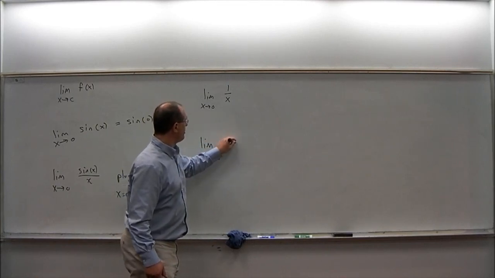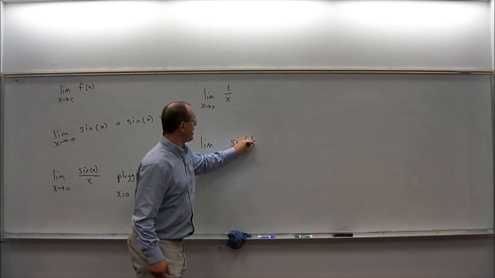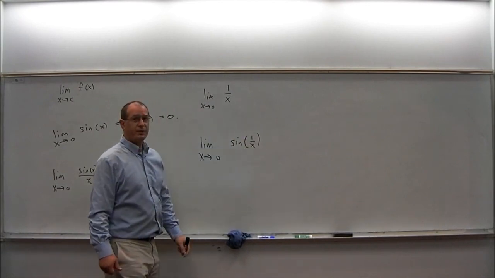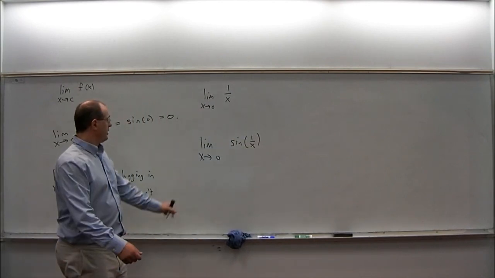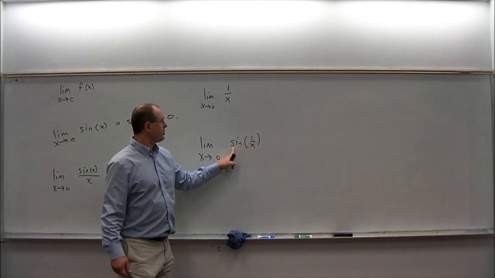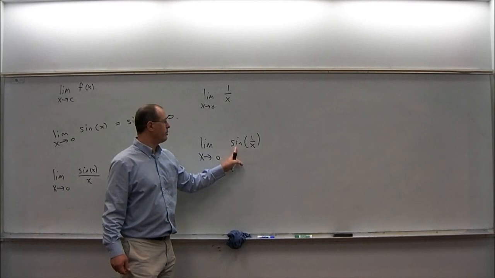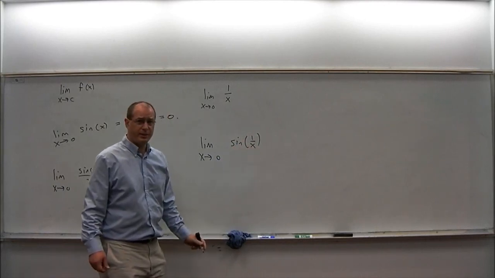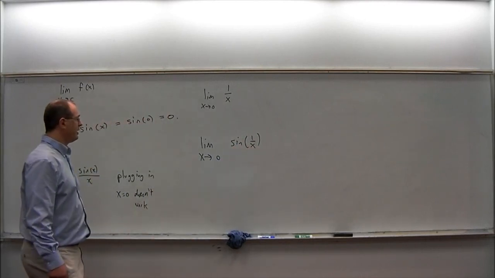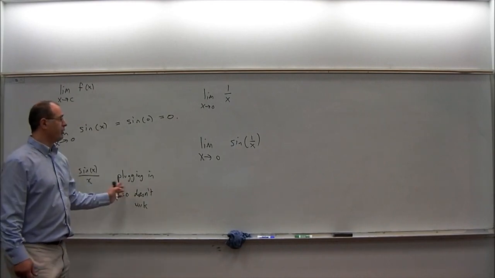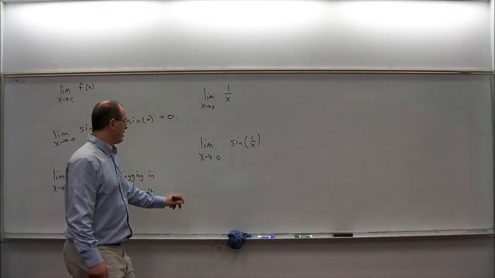As x approaches 0, what about the sine of 1 over x? Mixing the two. Again, x is not allowed to be 0 because we would get the sine of an undefined quantity. So plugging in x equals 0 doesn't work in any of these examples.